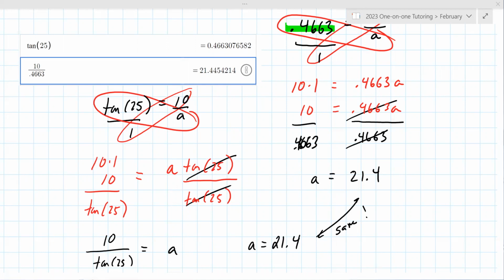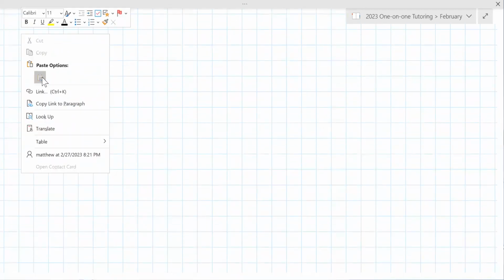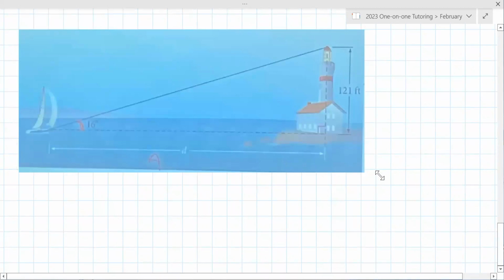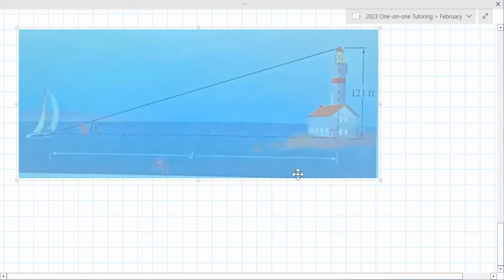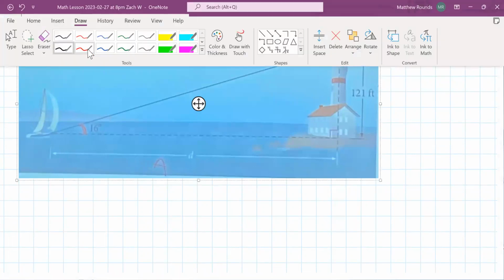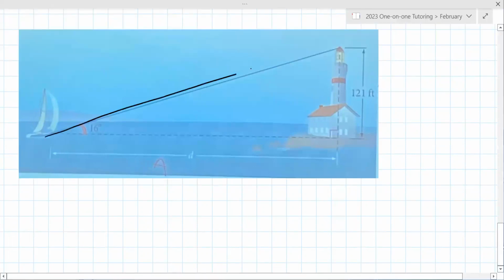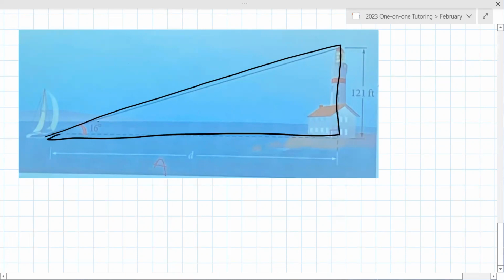All right, let's do this problem that you have from class, the lighthouse problem. So it's a triangle. They're telling you 16 degrees. The height is 121, and they want you to find the base down here.